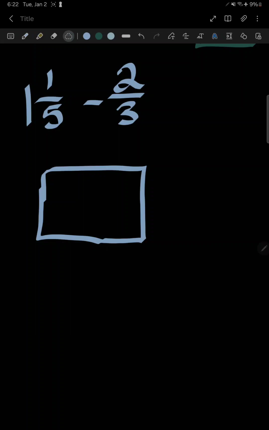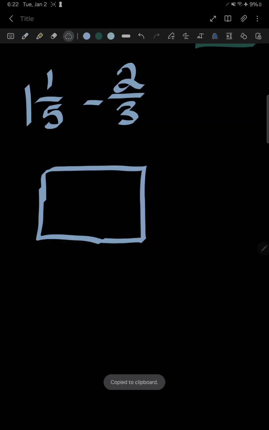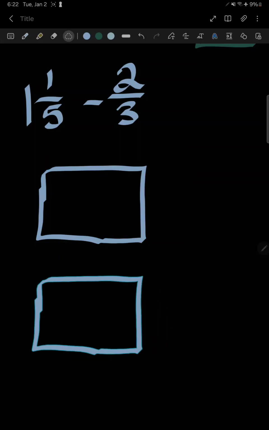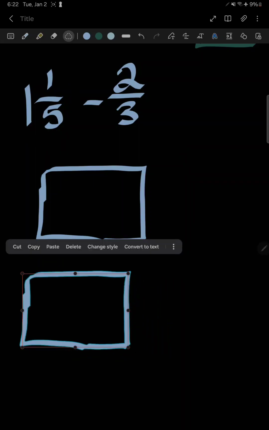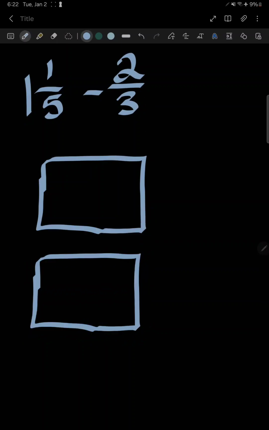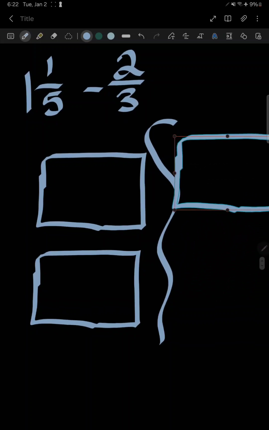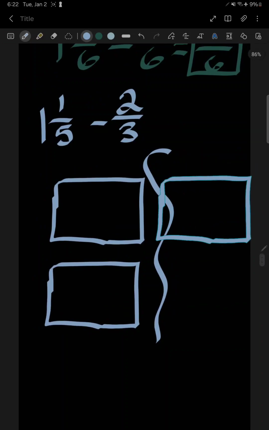Copy it. And I'm going to need 3 because I have more than 1 right here. So I know I'm going to need to have 2 for this one, and then I'm going to need to have 1 for the 2/3. Let's see if we can squeeze that in there. Yeah, it'll work.